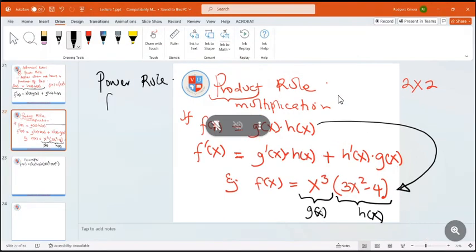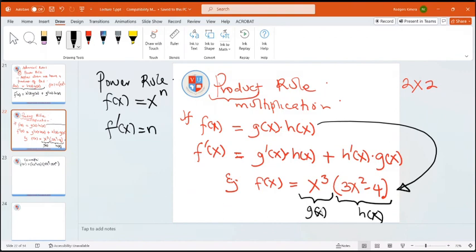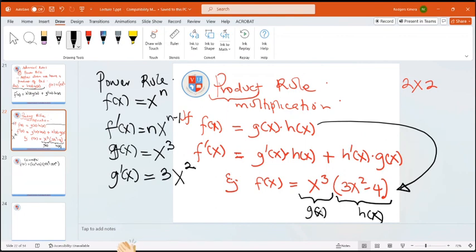The power rule says that if f of x is equivalent to x power n, then to get f prime x, we get n multiplying here, then x, then n minus 1. So if my function g of x equals x power 3, g prime x is going to be the power comes here, then x, and n minus 1. So it will be 3 minus 1, which gives me a 2.